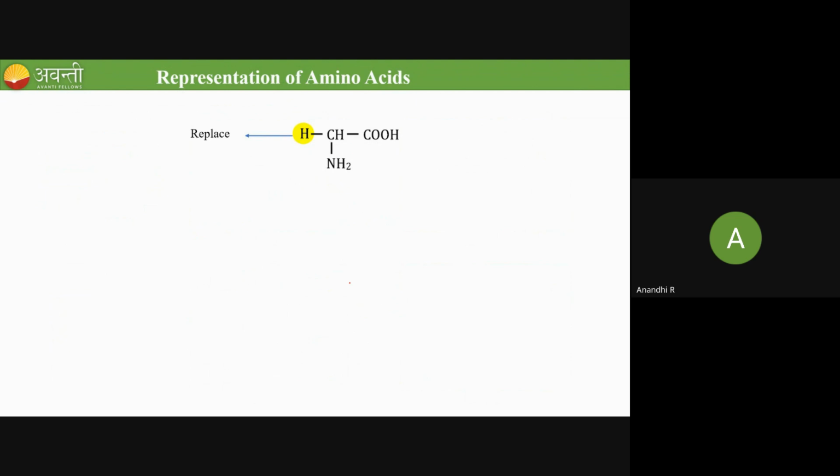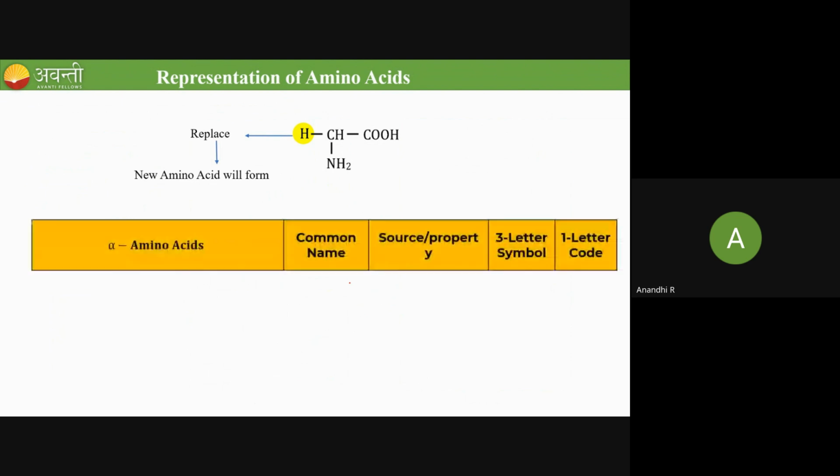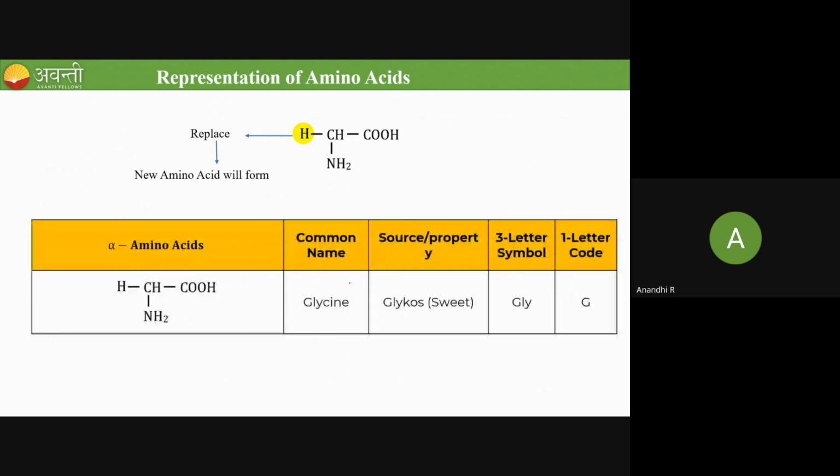If the fourth hydrogen is replaced by some other groups, it will form new amino acids. If the fourth group is occupied by the same hydrogen, the name of that amino acid is glycine. Why is it called glycine? It has come from the word glycos, which means sweet.